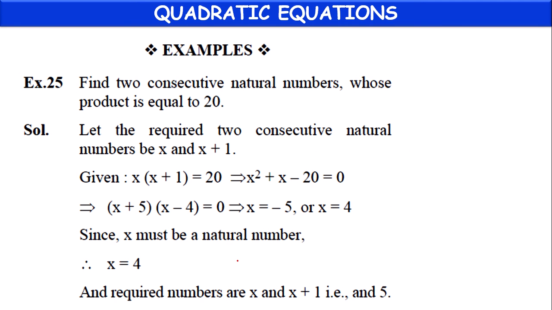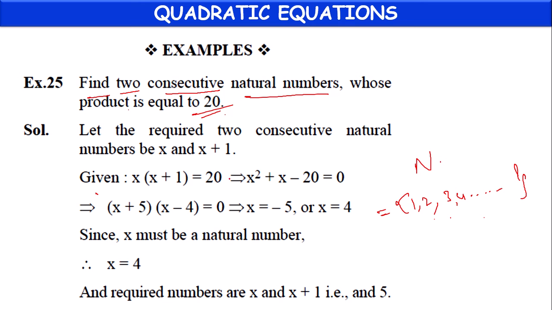Here, example 25. The question is: find two consecutive natural numbers whose product is equal to 20. The set of natural numbers is denoted by the symbol N. All the counting numbers, starting from 1, 2, 3, 4 like that, are considered natural numbers.